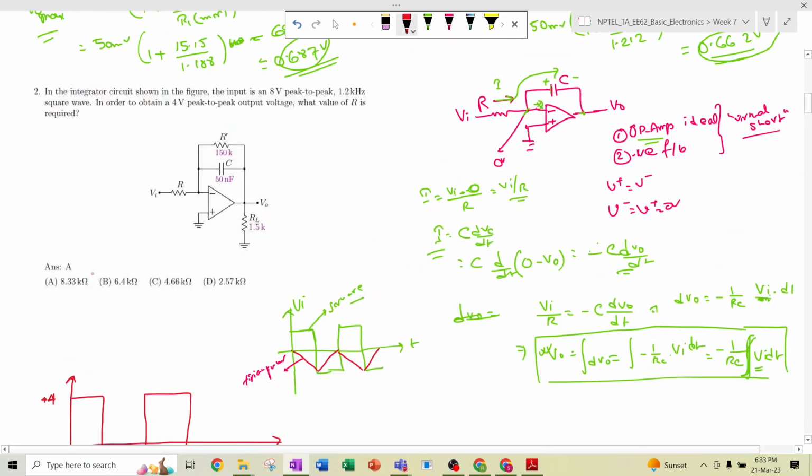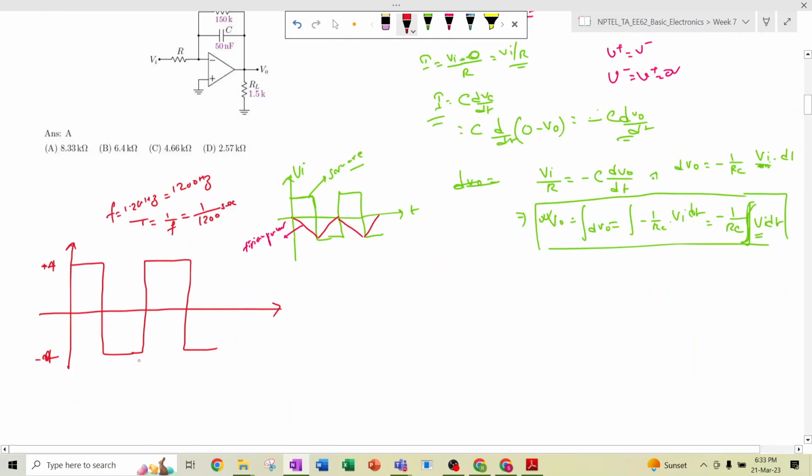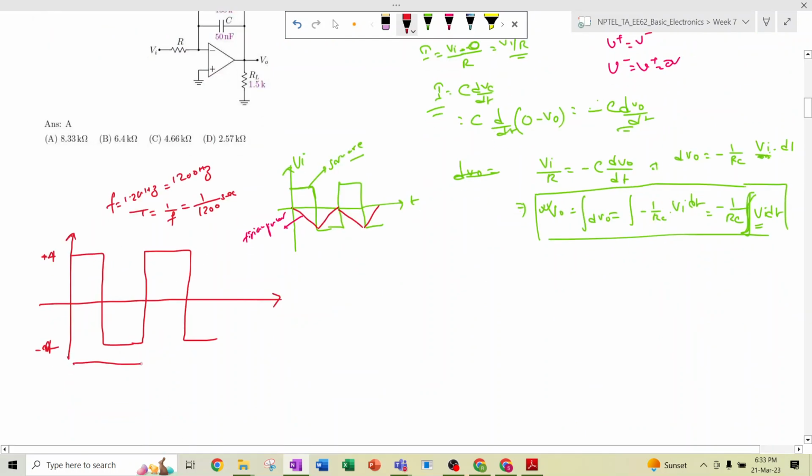The frequency is 1.2 kilohertz, that means 1200 hertz. So the time period of the signal is 1 divided by frequency, which is 1 divided by 1200 second. This portion is the time period T.